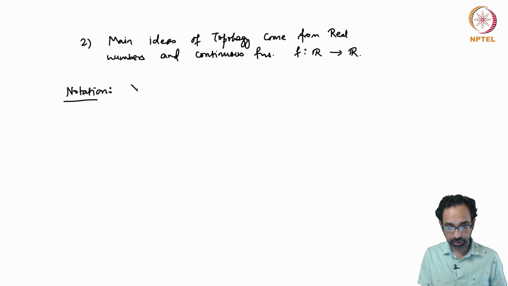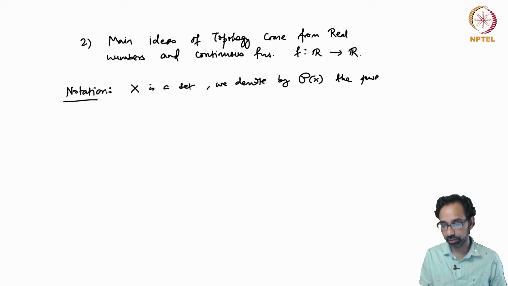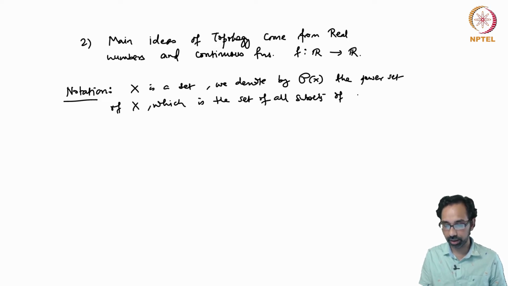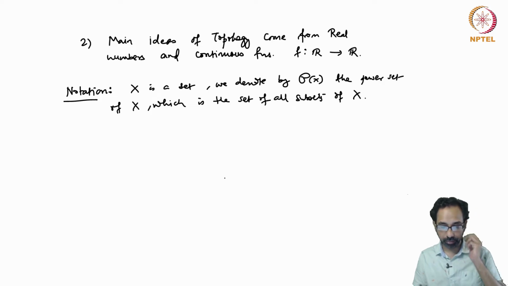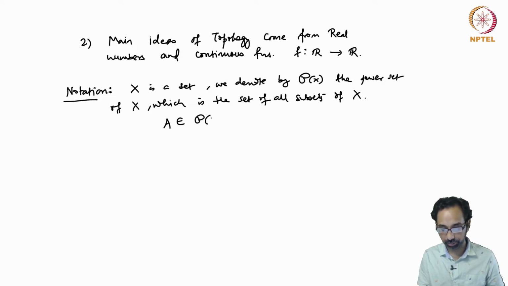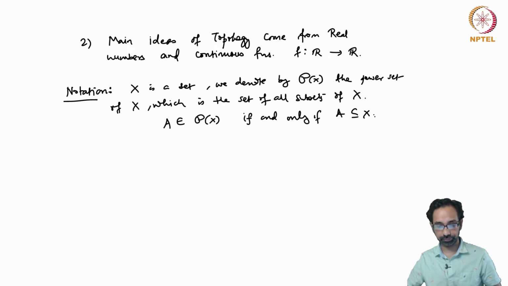If X is a set, we denote by P(X) the power set of X, which is the set of all subsets of X. So a member A is in P(X) if and only if A is a subset of X, including X itself.